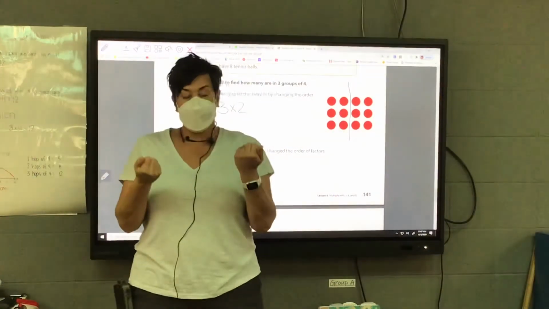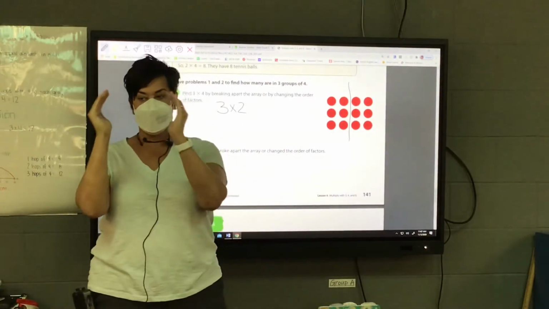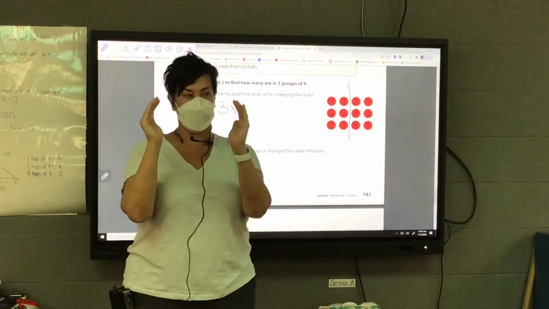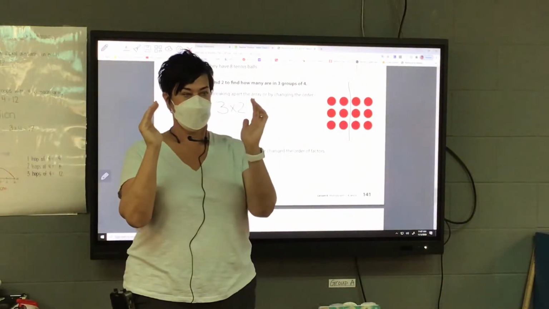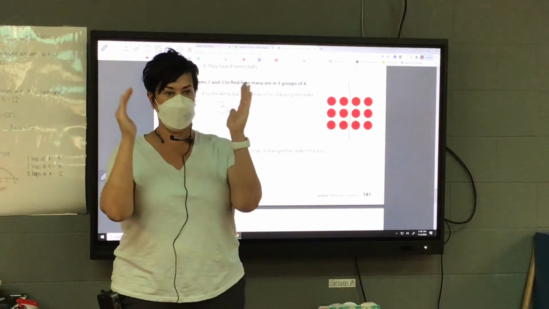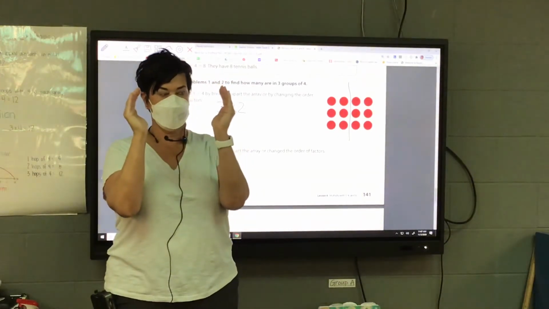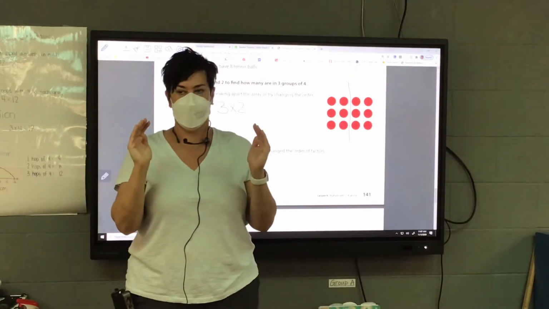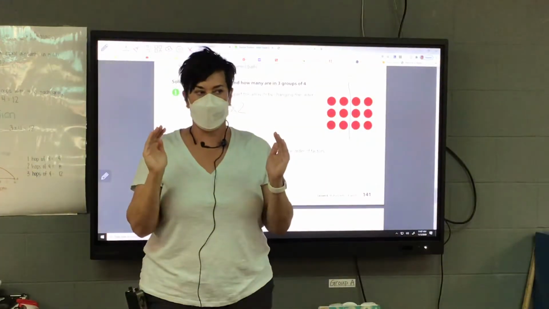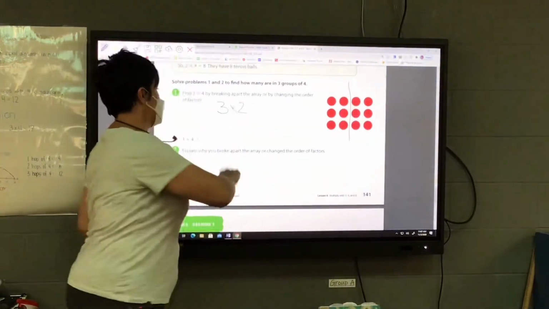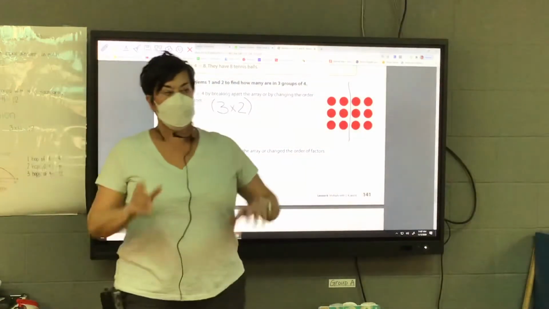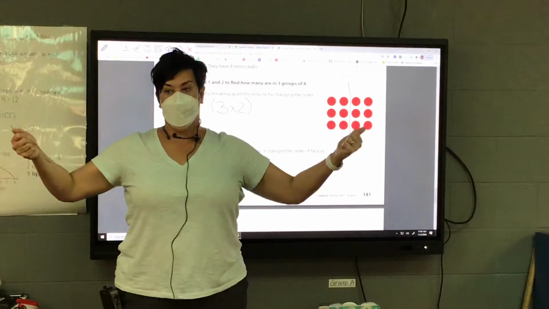I broke it apart though, so what do I need to put around those expressions? Do you remember what they're called? They kind of hug our expression. Parentheses. Okay, it's broken apart right now.